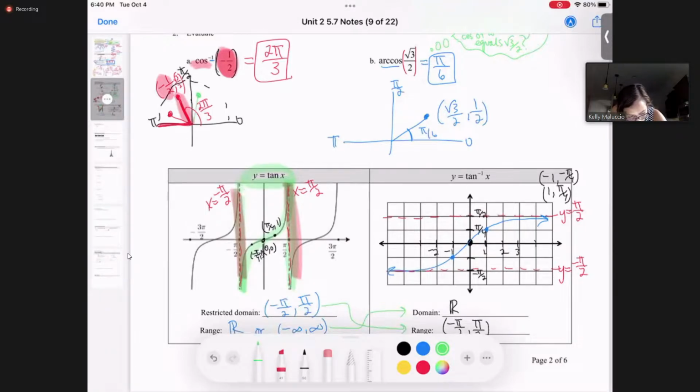If I reflect this, I'm probably not drawing this accurately, but this is pi over 3, and this would be the point 1/2, root 3 over 2, both positive. Then we just wanted the 1/2 to be negative, so this point here would be negative root 3 over 2, comma 1/2. And I wanted this -1/2. So hopefully that answered the question.